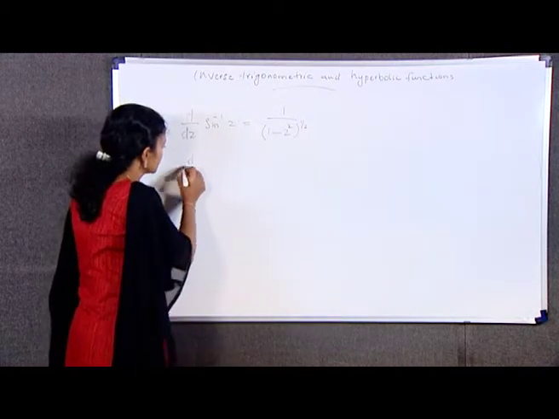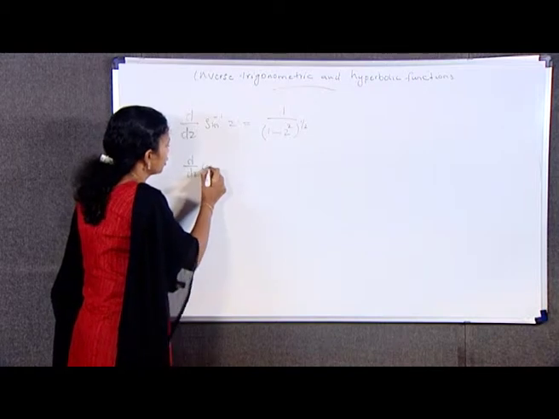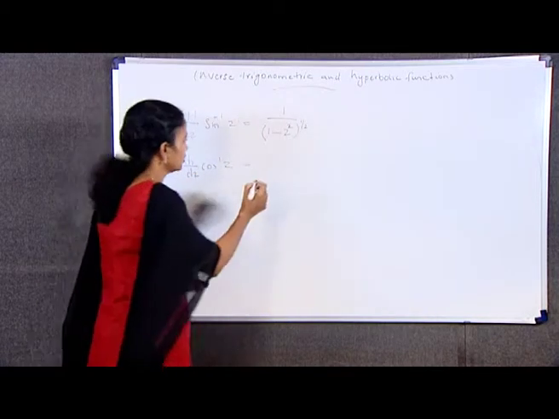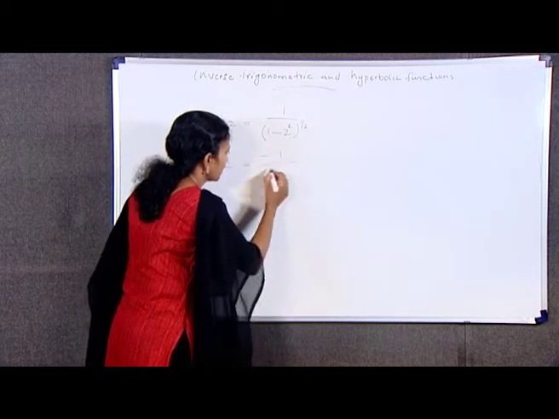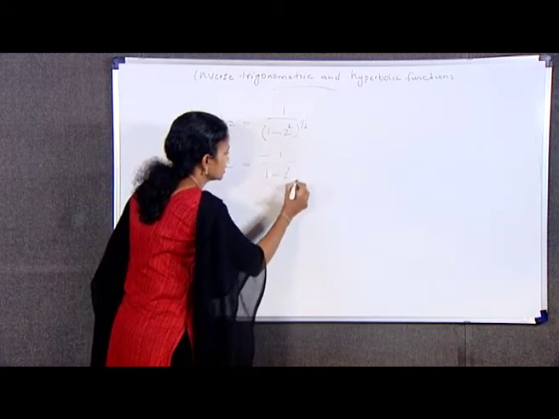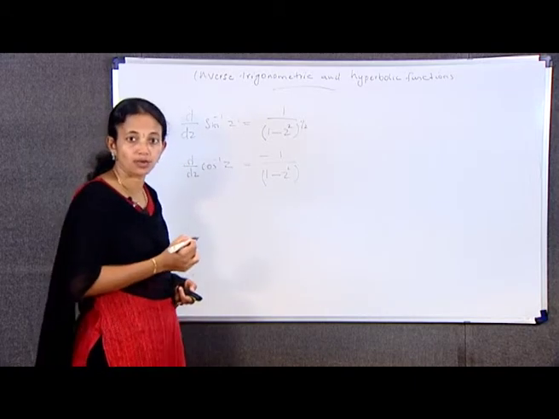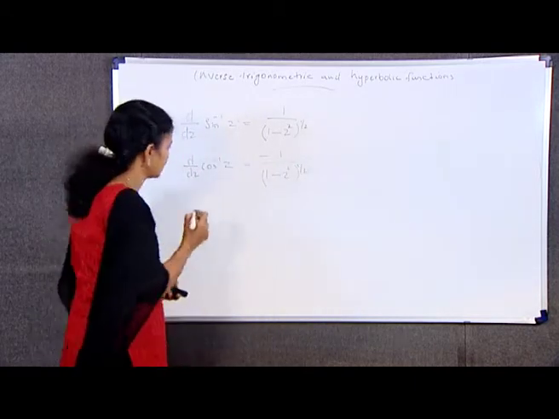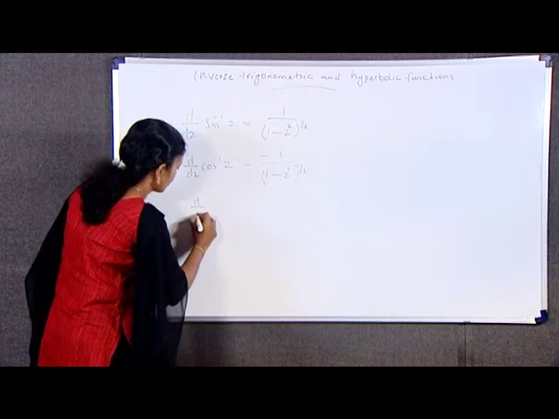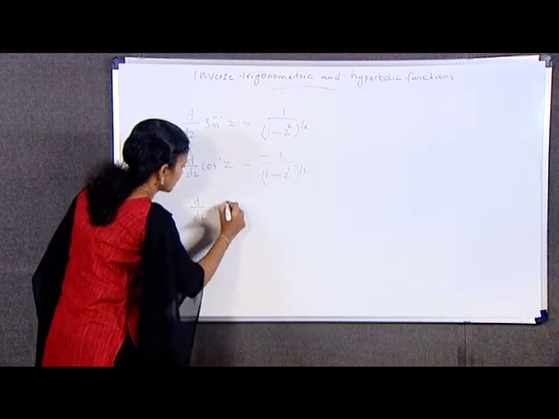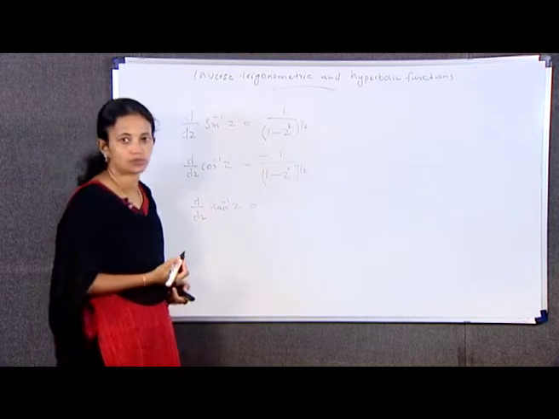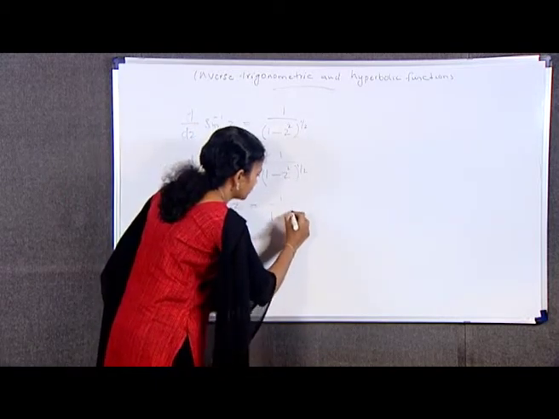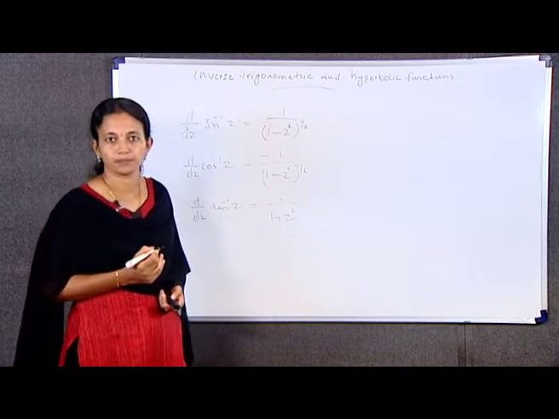Similarly, the next one is d by dz of cos inverse z. It is equal to minus 1 by 1 minus z square whole raised to 1 by 2. Again we have d by dz of tan inverse z, which is equal to 1 by 1 plus z square.